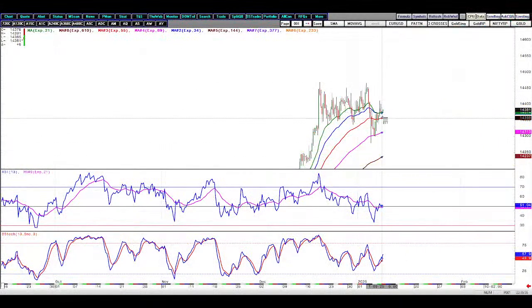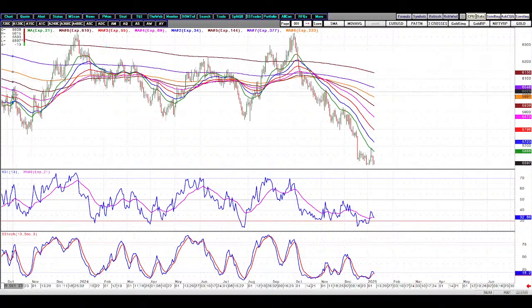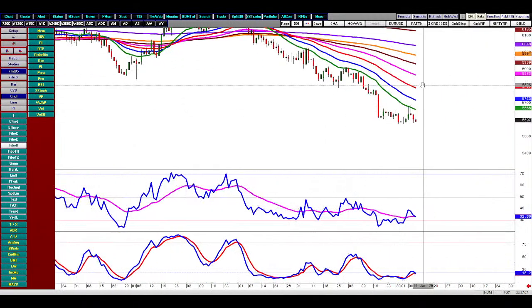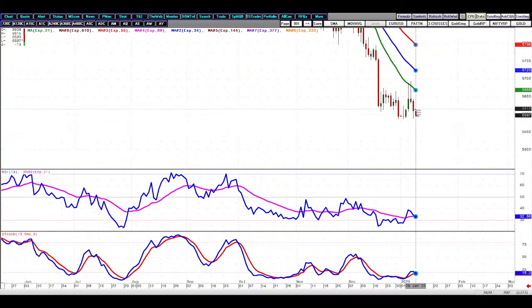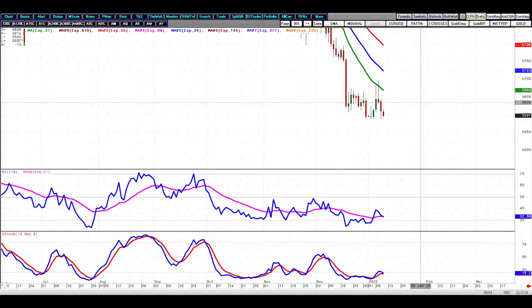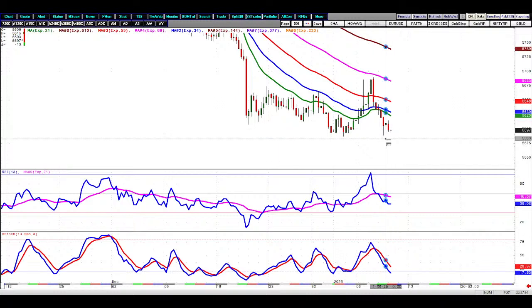Let's tally that with the chart. The chart is telling us 56.15 and 56.40. This should be your selling level. Now this is in a range.